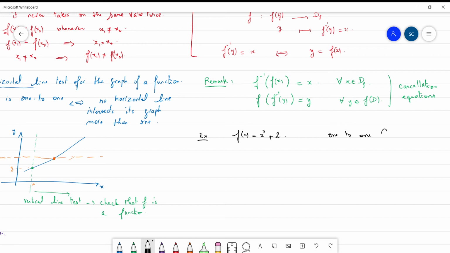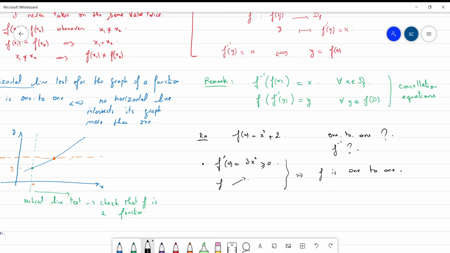First answer that, then find f minus 1. We don't have the graph now, but it's a translation of x cubed. We know x cubed is an increasing function, so let's use the monotony. If I compute the derivative, I will get 3x squared, which is positive. So my function f is increasing, then it is 1 to 1.